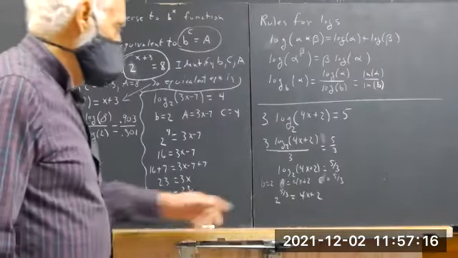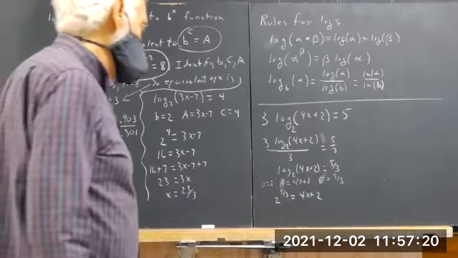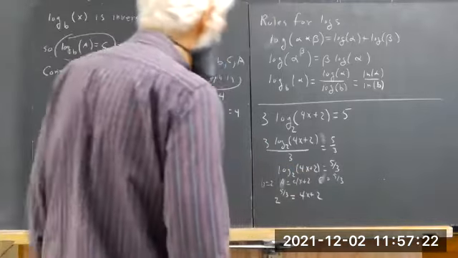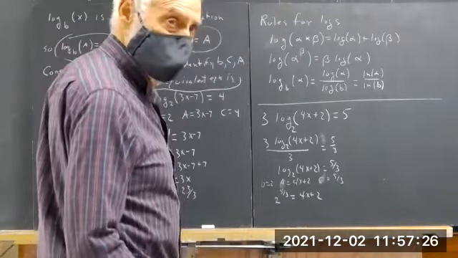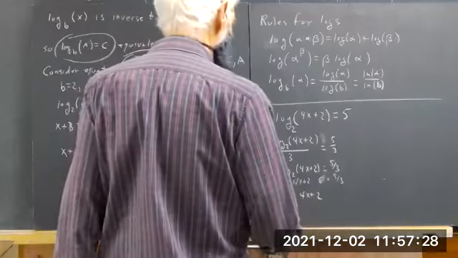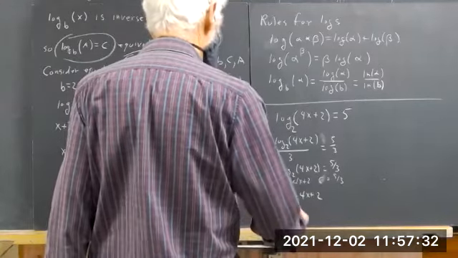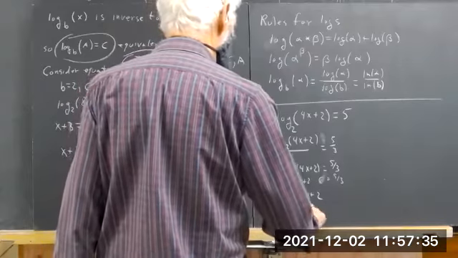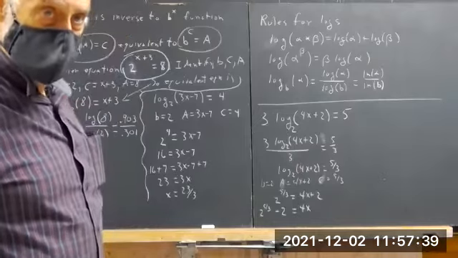Okay. Now, 2 to the 5/3 is not something we can express exactly. So that's all right. We're just going to keep calling it 2 to the 5/3. Now we're going to subtract 2 from both sides. So we get 2 to the 5/3 minus 2 equals 4x. Make sense?